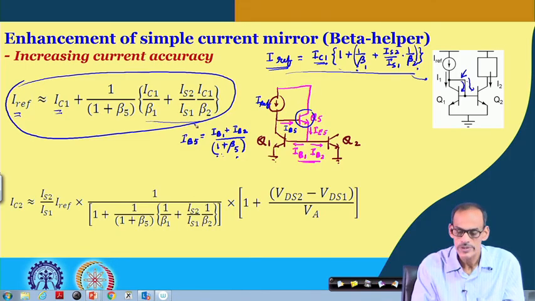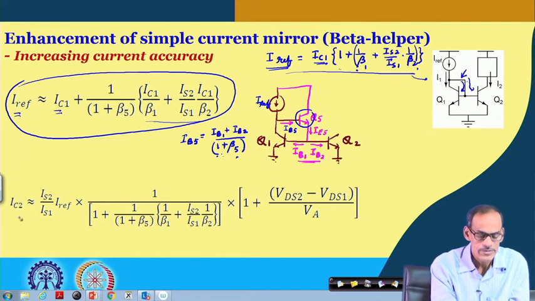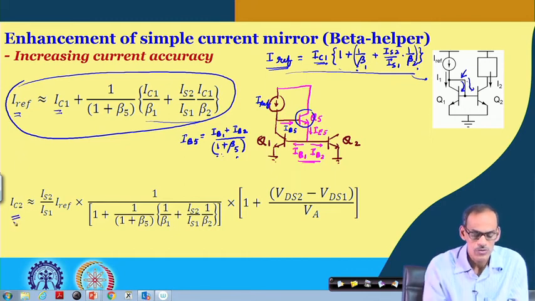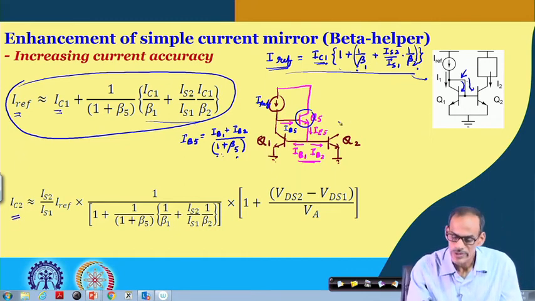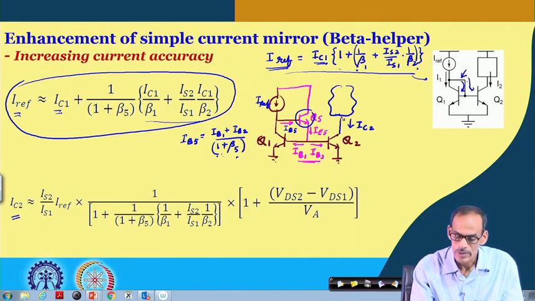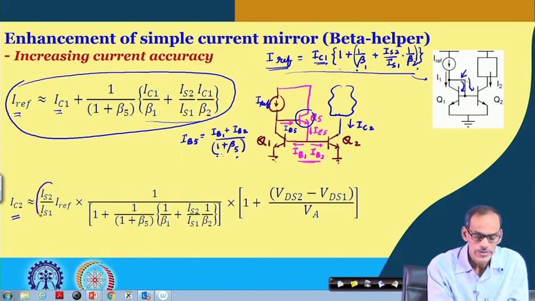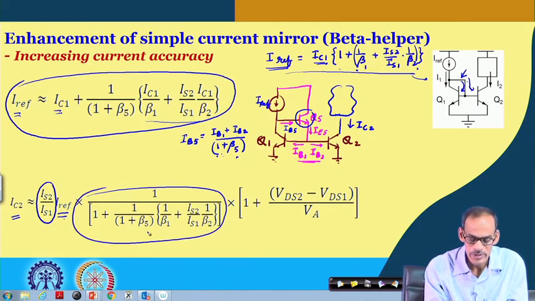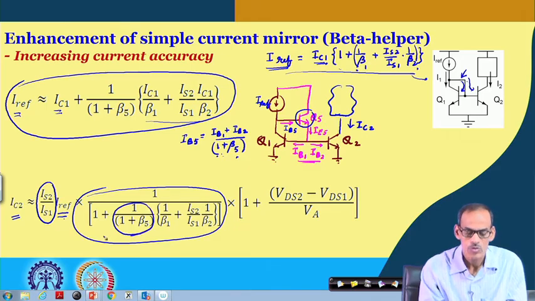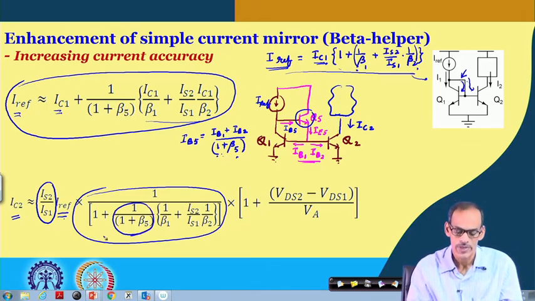So, what is its consequence? The final expression of I2 or IC2, and then we do have the application circuit here, is IS2 divided by IS1 multiplied by Iref, and then this factor you can see is getting improved by adding this 1 plus beta of transistor 5.